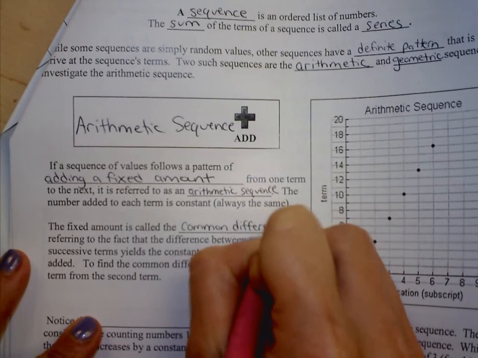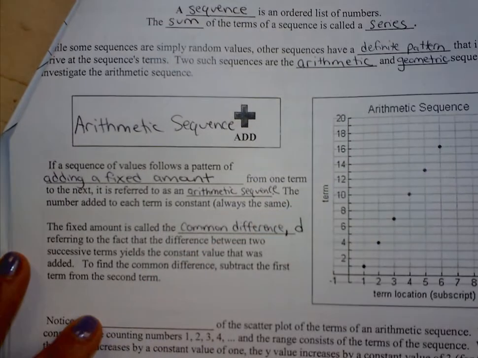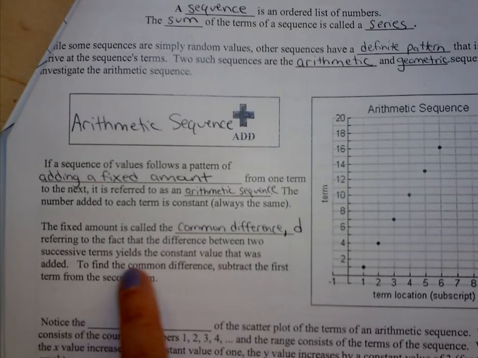And the variable that we have for the common difference, we use the variable d, referring to the fact that the difference between two successive terms yields the constant value that was added. To find the common difference, subtract the first term from the second term.